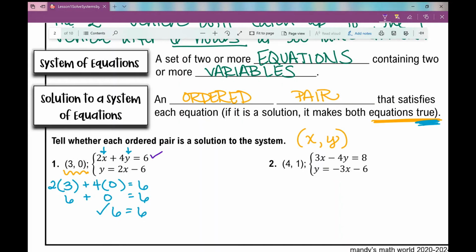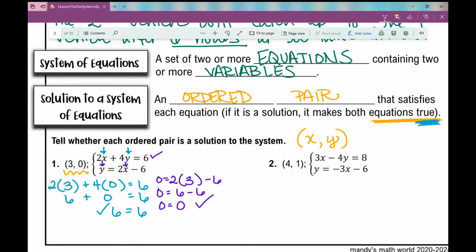So it does satisfy that equation, but remember, for it to be a solution to a system, it has to satisfy both equations. So I have my y variable here. I'm going to replace y with 0, and I'm going to replace x with 3. So instead of y equals 2x minus 6, I'm going to write 0 equals 2 times 3, minus 6. 2 times 3 is 6, 6 minus 6 is 0.